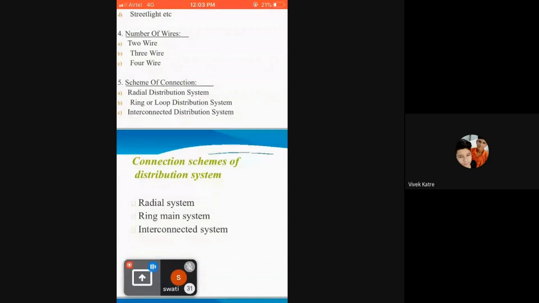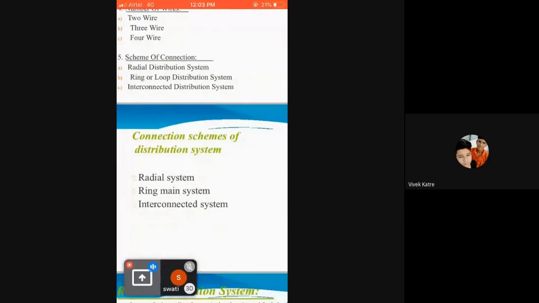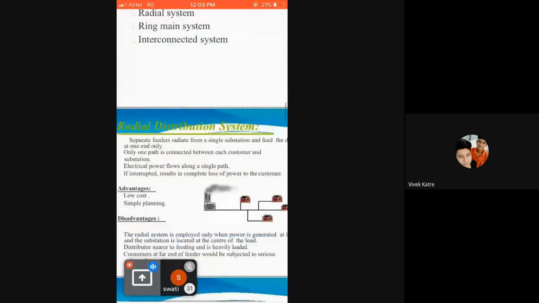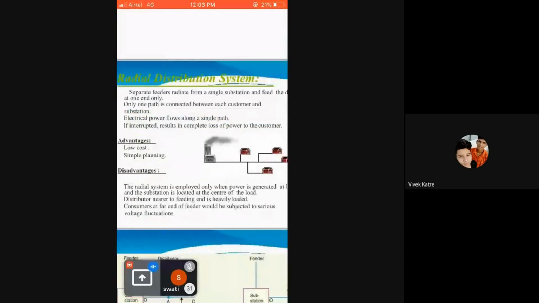Let us move toward the types of construction, which is our third classification. Under these types of construction, there are 2 types, overhead and underground construction. Further points are discussed under overhead and underground transmission.